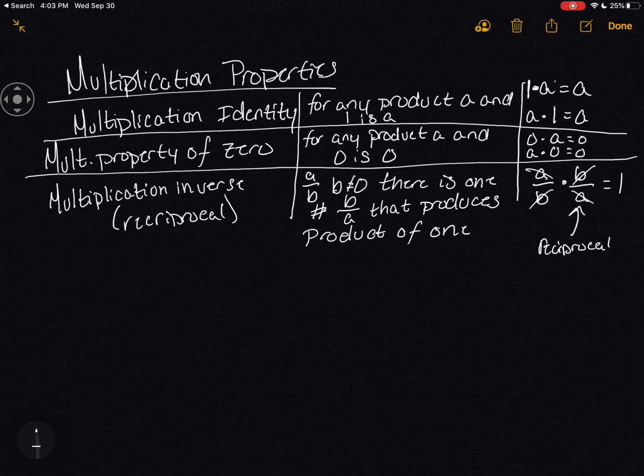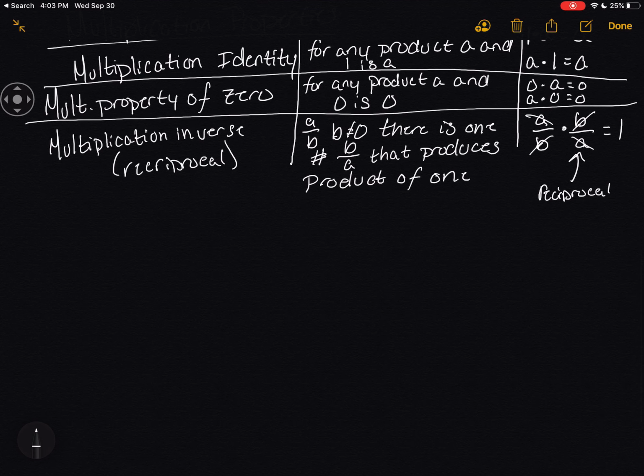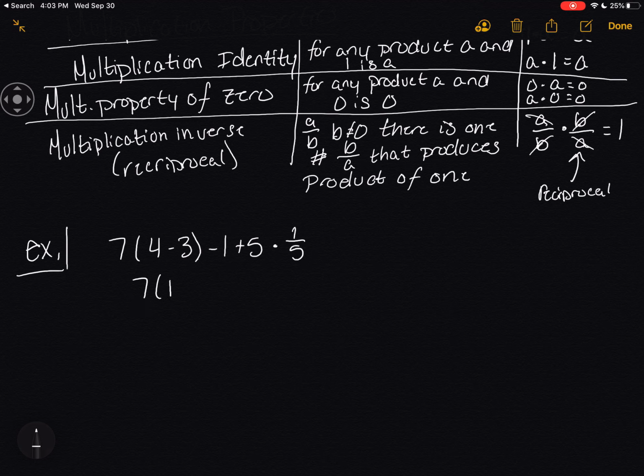So I'm going to give you a list of steps and then you're just going to name what each step is similar to. So for this first example, if I give you the problem of 7 times (4 minus 3) minus 1 plus 5 times 1 over 5, and then I do 7 times 1 minus 1 plus 5 times 1 over 5.